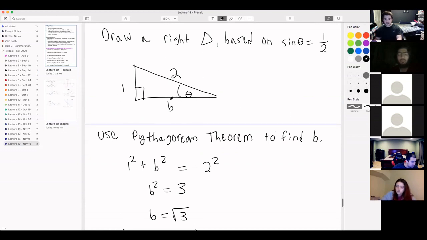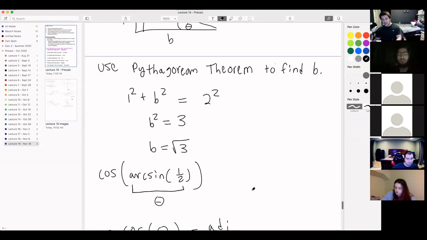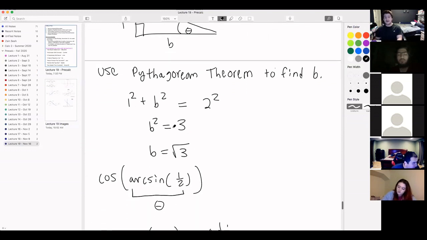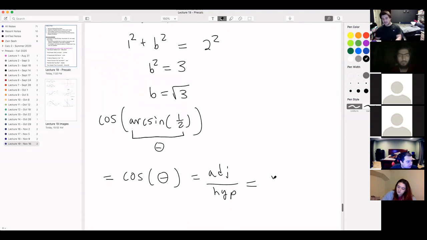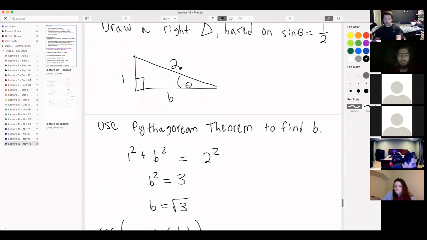Cosine of theta, by definition, is adjacent over hypotenuse. Adjacent to theta is B, and we just figured out that B is the square root of 3, so that goes in the numerator. And the hypotenuse is 2.